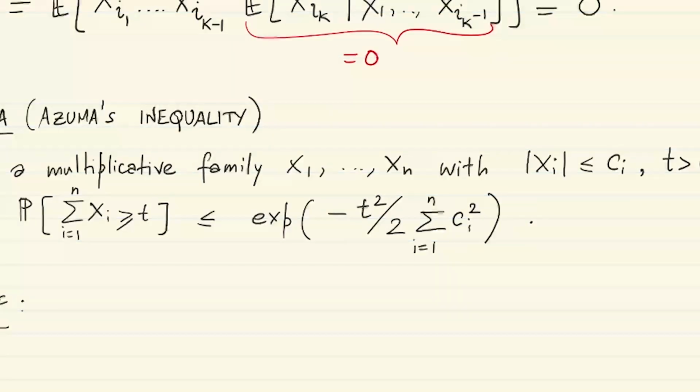So you essentially get the same type of bound as what Hoeffding's inequality gives you, but for more general families of random variables X1 through Xn, namely random variables that need not only be independent, so they can be a more general multiplicative family.